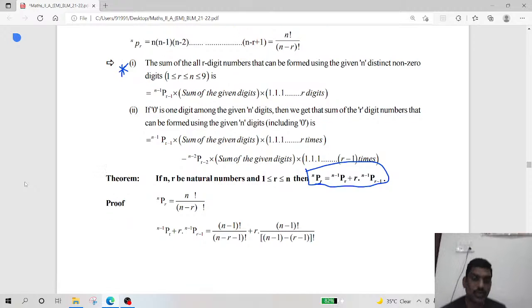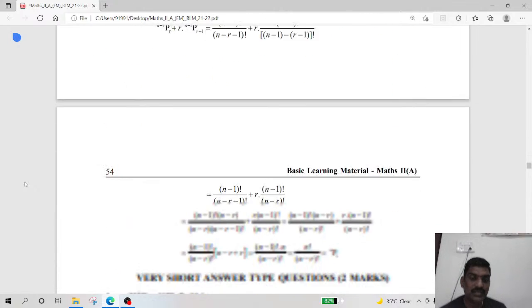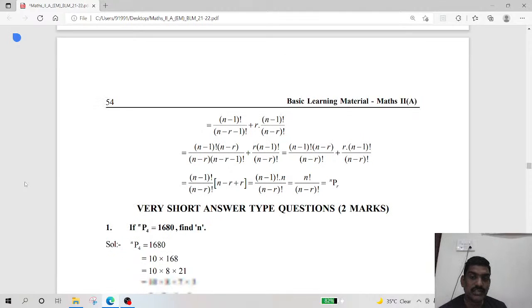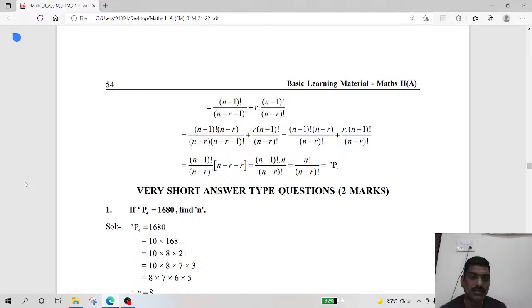If we take out the common (n-r-1) factorial and (n-1) factorial, what is left? (n-r) plus r is left, which is n. So we get (n-1) factorial times n divided by (n-r) factorial, which is n factorial divided by (n-r) factorial, nothing but nPr.